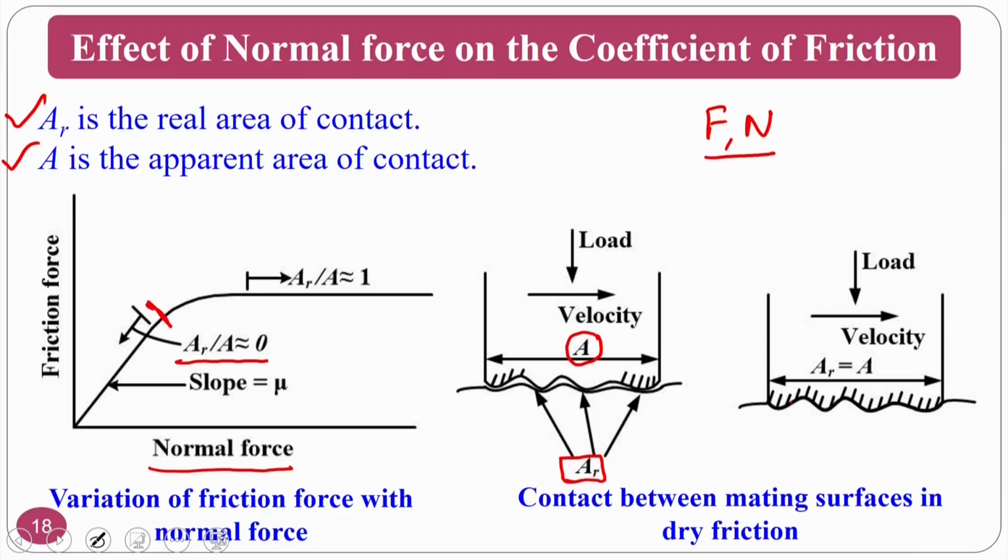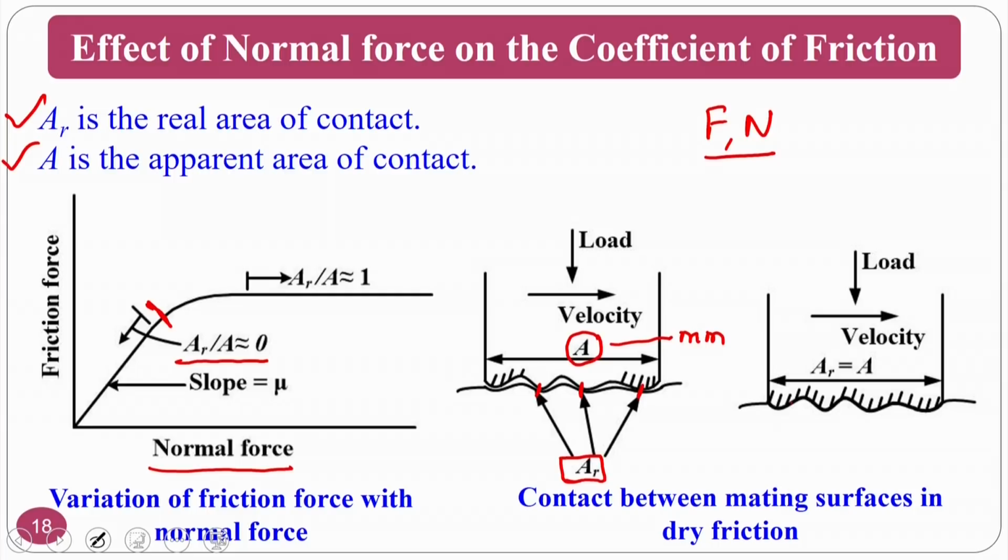Okay. Real area of contact in the chip tool interface, I am talking about metal cutting, that is why correlating to the chip tool interface. So, AR is only at certain points, basically if this is a point, and this is a point, and this is a point. The apparent area of contact is normally in mm, because it is the complete area that we are talking about, but the real contact is only some points.